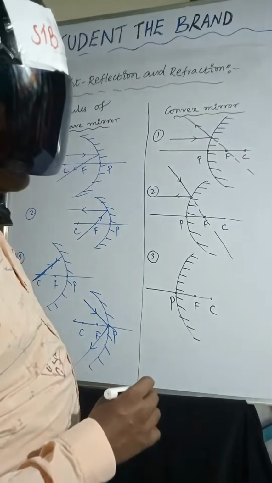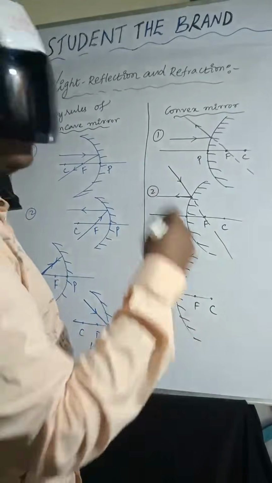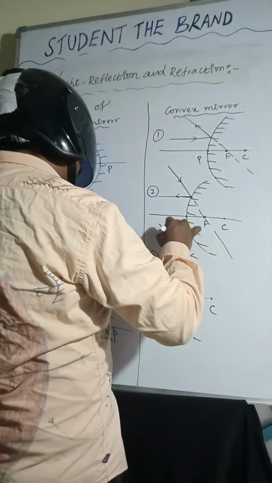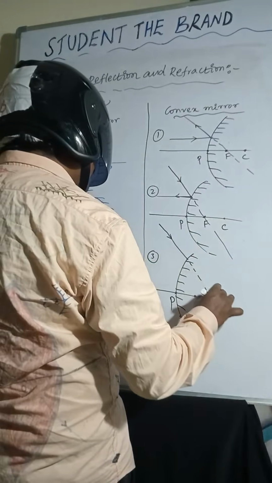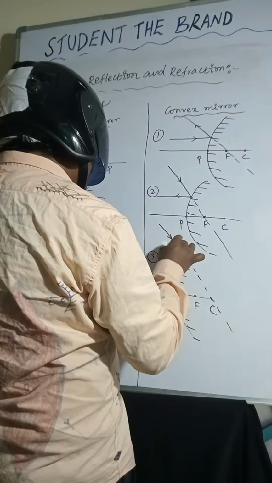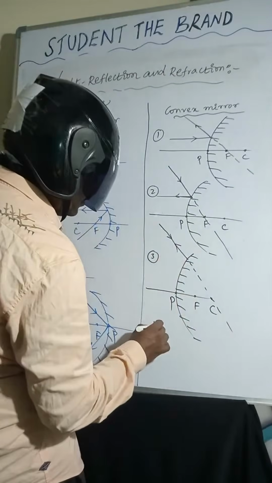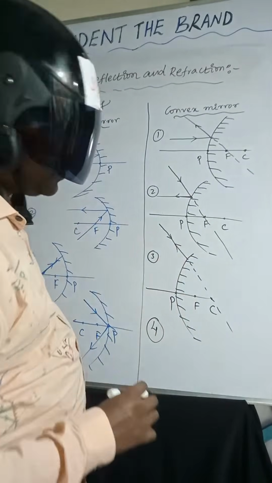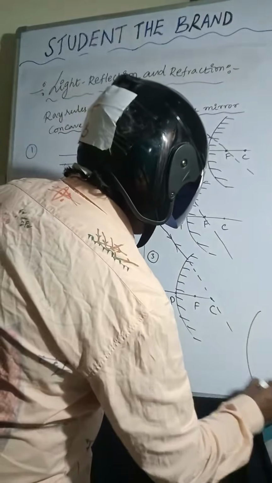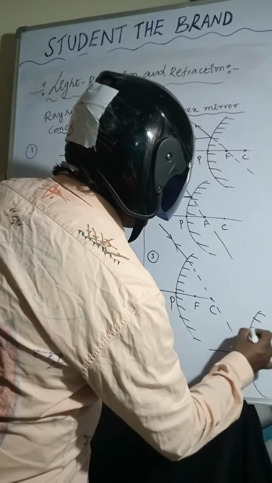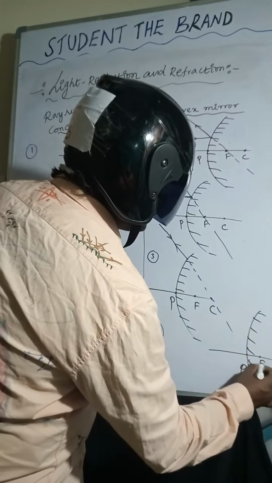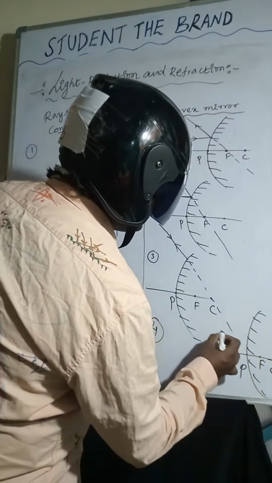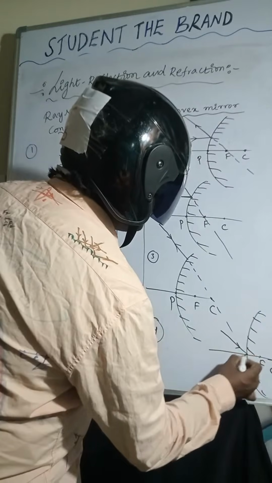Light ray is passing through center of curvature, it retraces its original path. Coming to the fourth one: light ray is incident at the pole. So this is the pole, focus, center of curvature. Light ray incident at the pole reflects back.